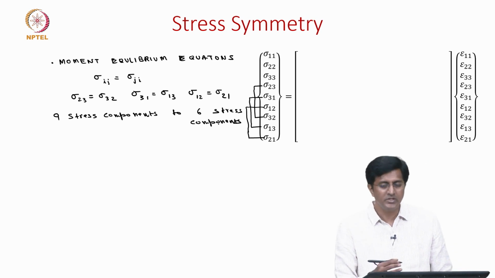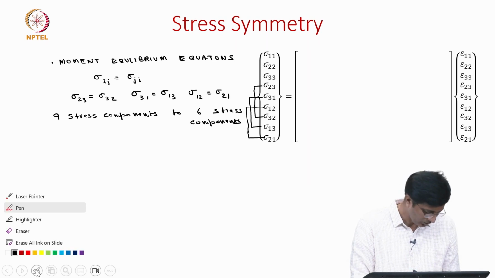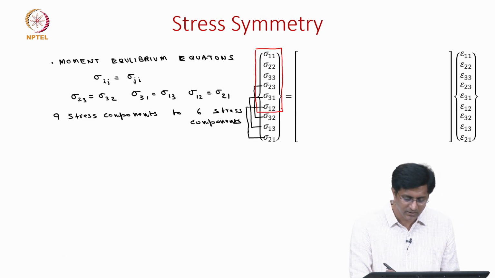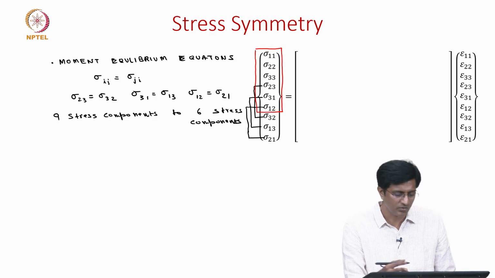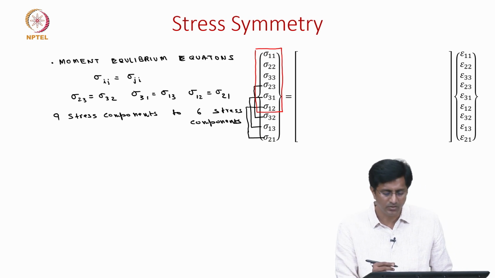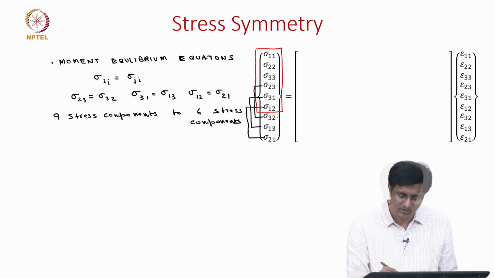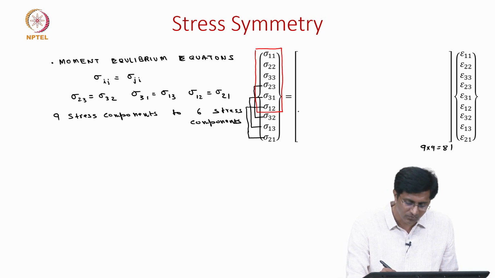Which means instead of looking at all the 9 stress components, we can only focus on the top 6, because once we know these stresses, we can easily write what the remaining 3 stresses are, because these are the shear stresses that have complementary terms which can be easily known. So, for us to find only the first 6 stresses, instead of starting from these 9 by 9 elastic constants which is 81, we could focus only on the first 6 rows.